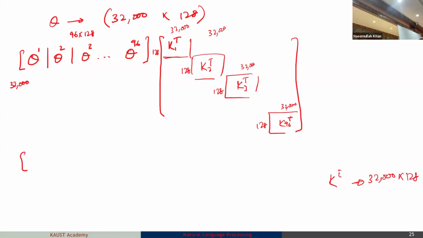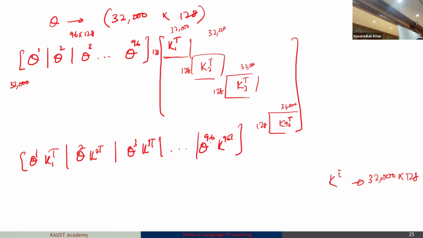I will get Q1 K1 transpose, dot product of this row with the first column, then Q2 K2 transpose, dot product of the row with the second column, then Q3 K3 transpose, dot product of the row with the third column, all the way till Q96 K96 transpose. What would be the shape of this? The rows would be 32,000 and the columns would be 32,000 times 96.